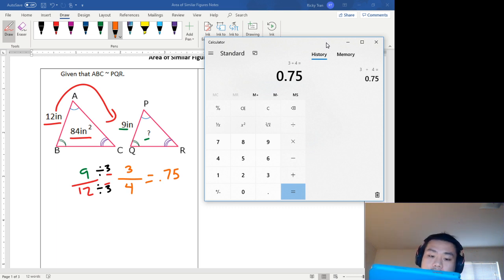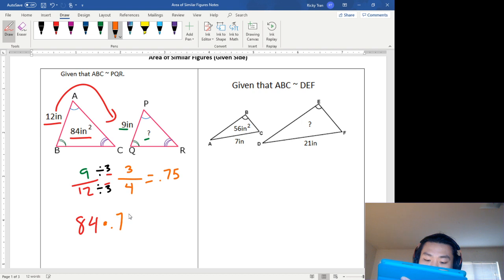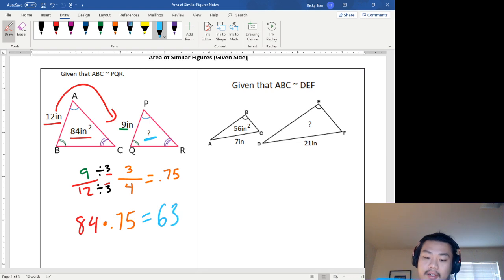You're just going to take 84 and multiply it by 0.75. So 84 times 0.75 is 63. Therefore, the area of the similar figure is going to be 63 inches squared.